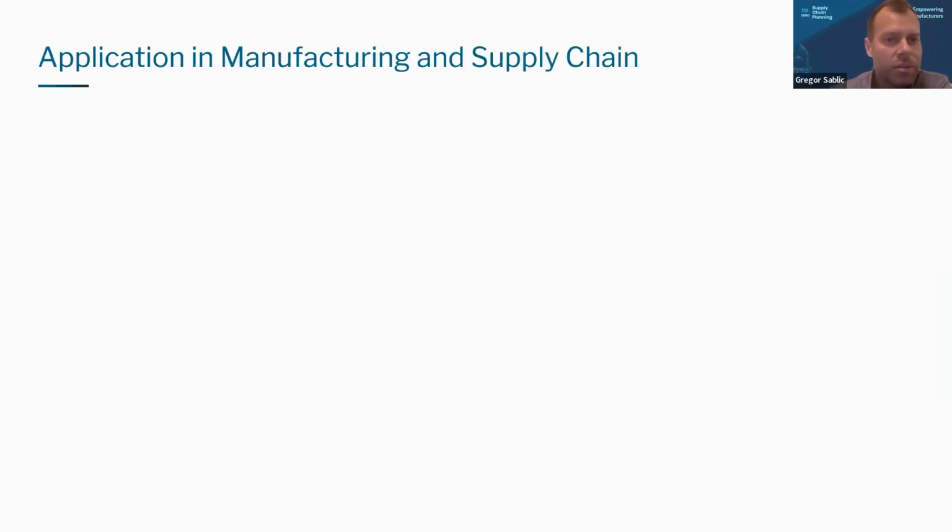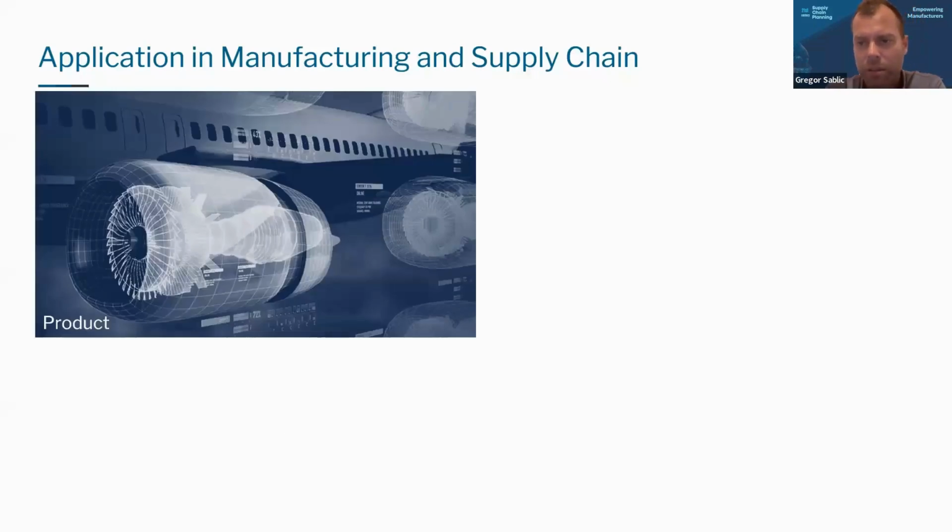What are the applications, especially in manufacturing as well as supply chain? So in manufacturing, usually digital twins are used when testing product development. So they allow the simulation and also testing of new product designs before they are physically built.